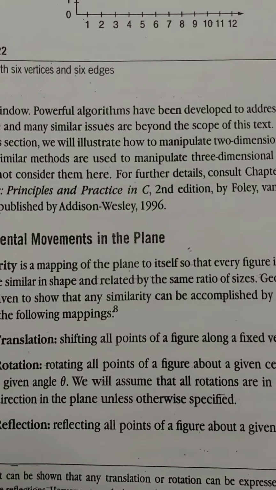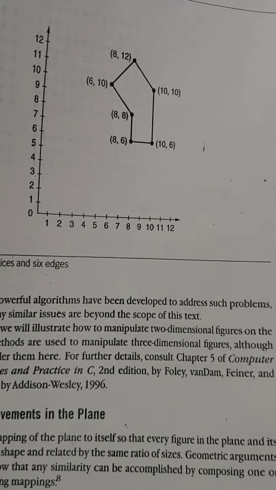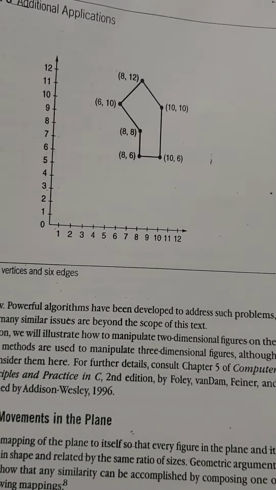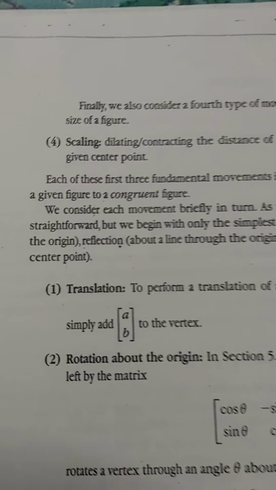Next is reflection. If we reflect all points of this figure about a given line, figure will remain the same. We can reflect it about any line. It can be either x-axis or y-axis and so on. So we will see all these in detail. Next is scaling. The last operation is scaling.